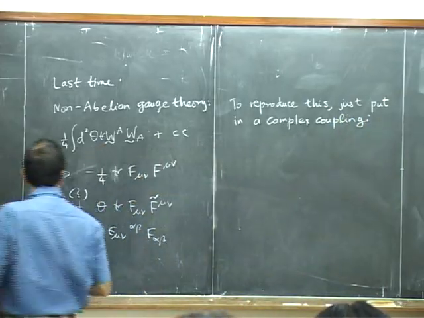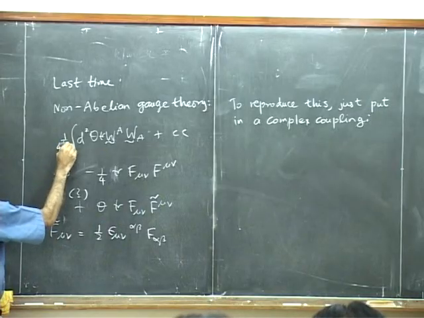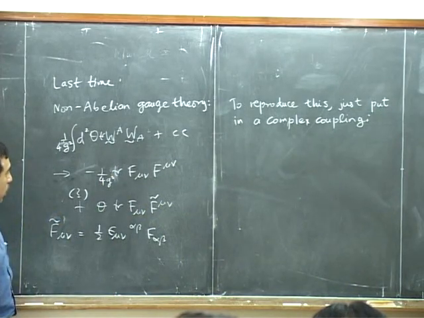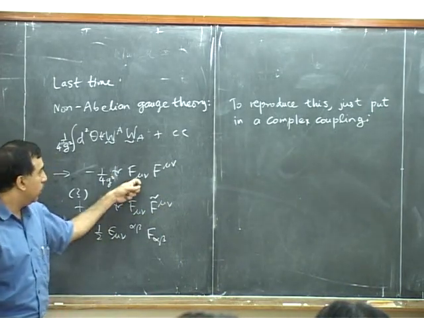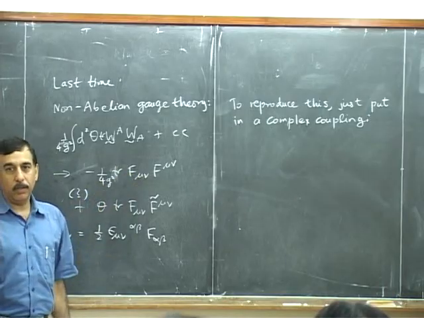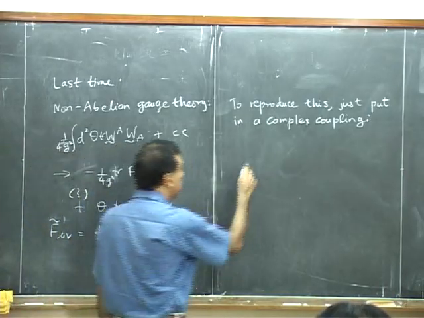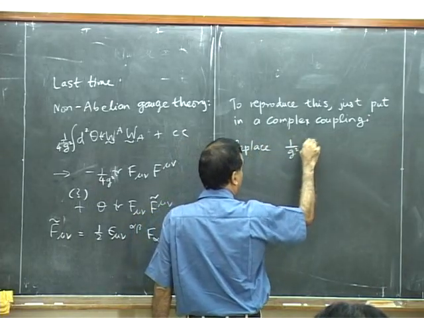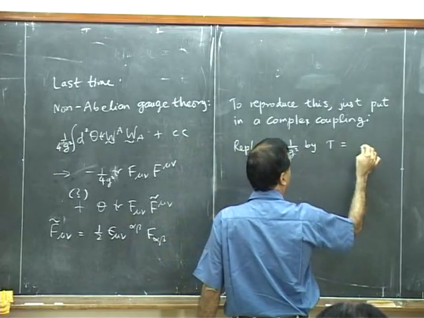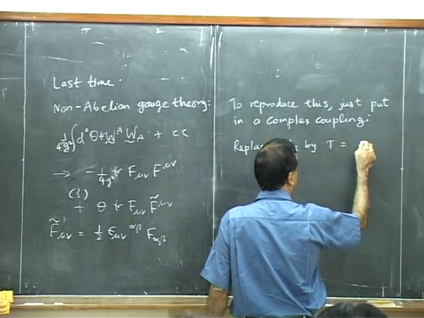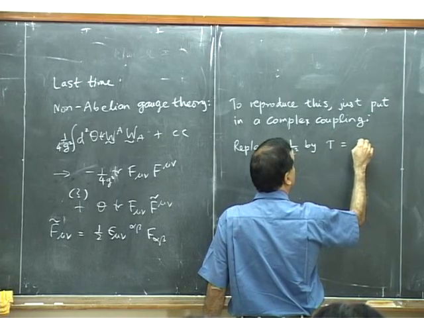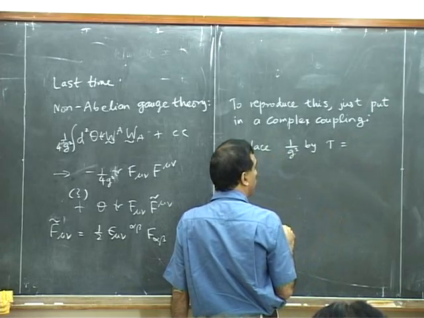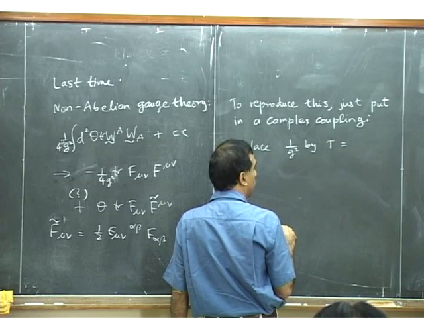You know that in certain conventions we would like to put a 1 by g squared here, that would give us a 1 by 4 g squared here, and that's a natural convention for gauge fields in which the field strength itself doesn't depend on g. And all we need to do is replace 1 by g squared by something like tau, which is, let's say, theta over 2 pi plus 4 pi i by g squared.